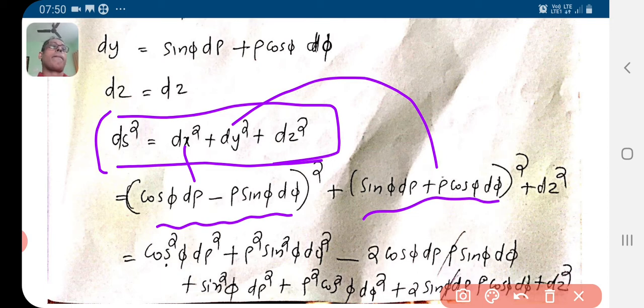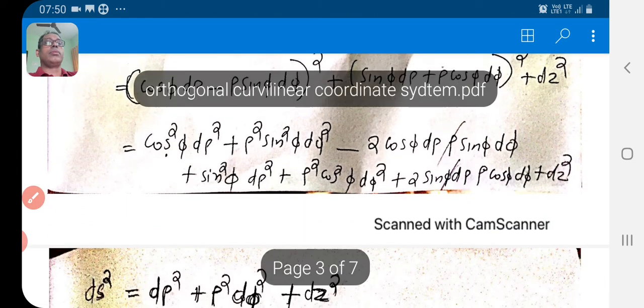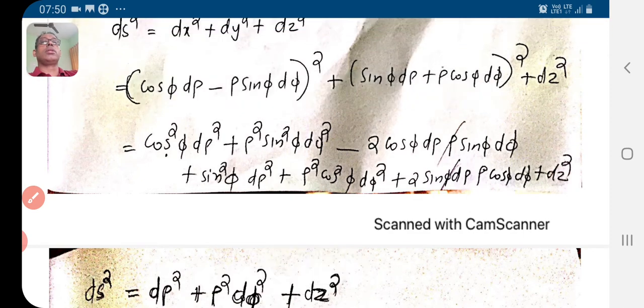Okay, and dz is dz itself. So we substitute for dx, dy and dz, and you expand it, and certain terms get cancelled.